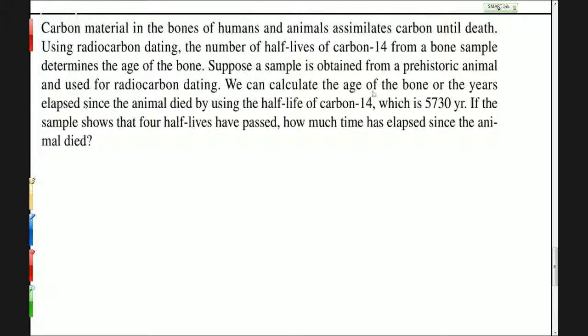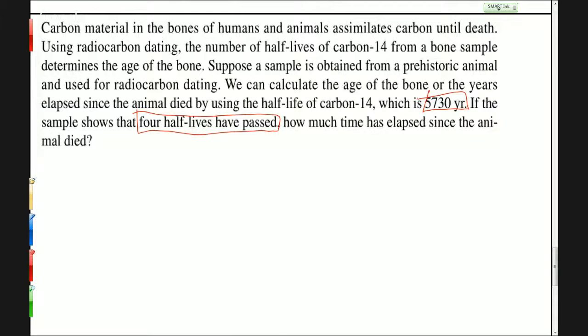So in this case, let's say we obtain a sample from a prehistoric animal, and the sample shows that 4 half-lives have passed since that animal died. So the carbon-14 has decayed in its cells so that 4 half-lives have passed. Then if each half-life is 5,730 years, how much total time has elapsed since the animal died?